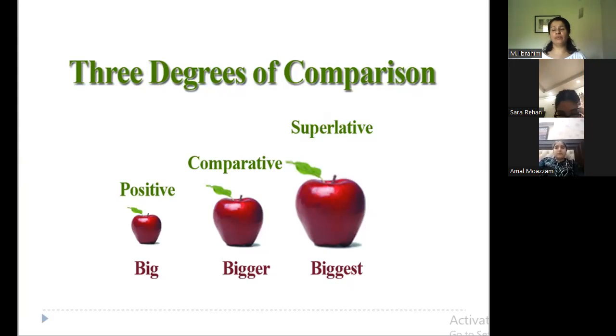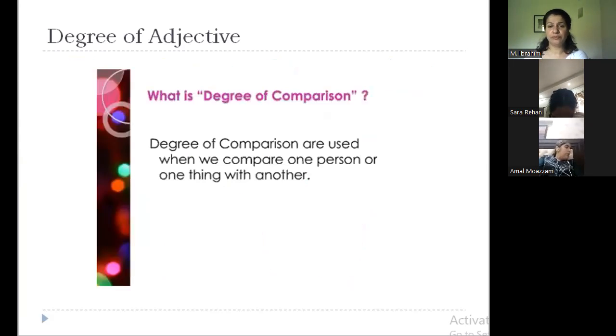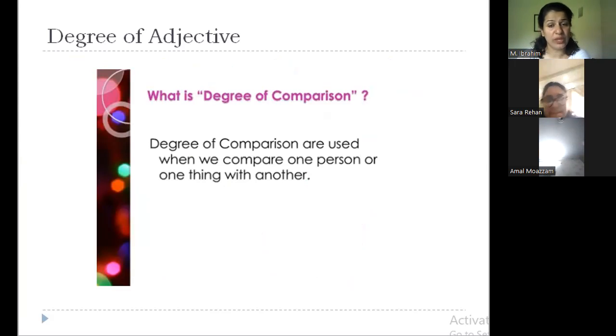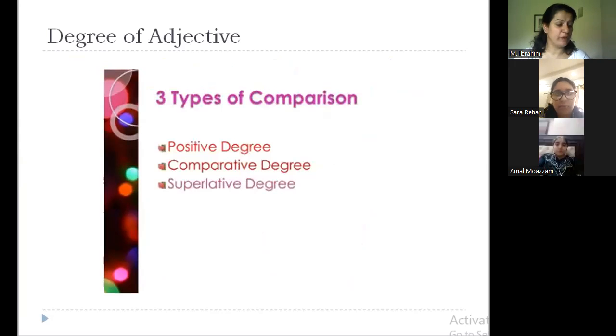We have done this topic previously in grade 9. What is the degree of comparison? Degrees of comparison are used when we compare one person or thing with another. There are 3 types of comparison. You have the positive degree, the comparative degree, and the superlative degree.